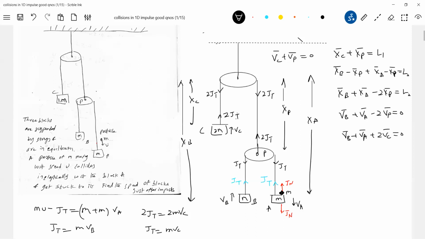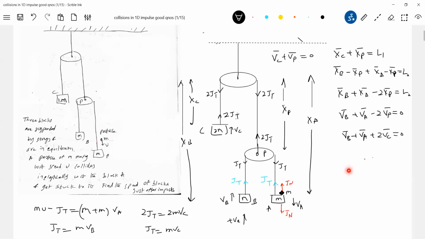Substitute all with sign: anything directed upward is positive, anything directed downward is negative. VB is Jt by m. VA will be u by 2 minus Jt by m, and it should be negative.